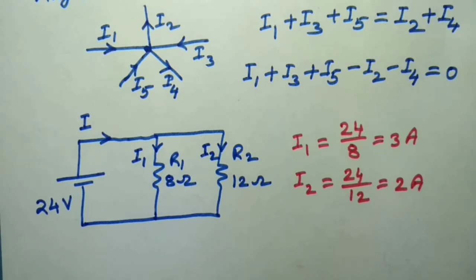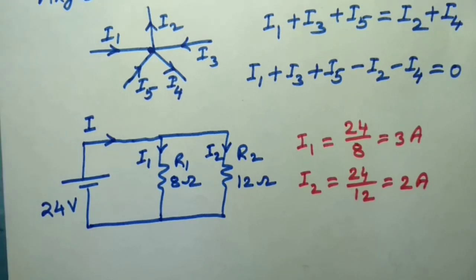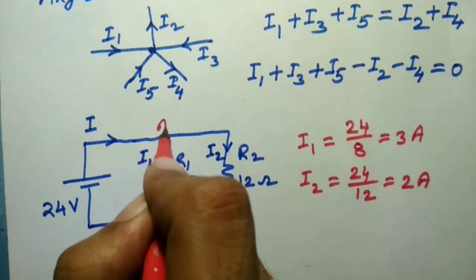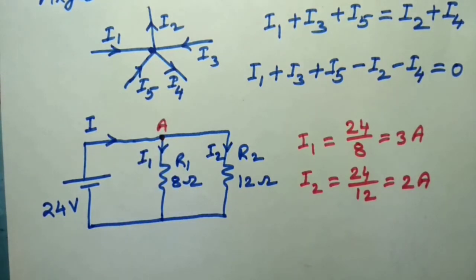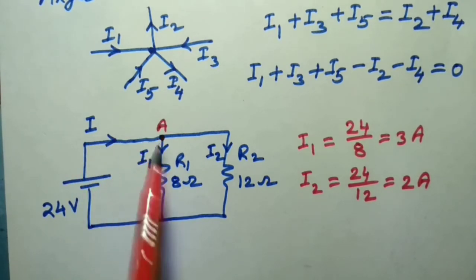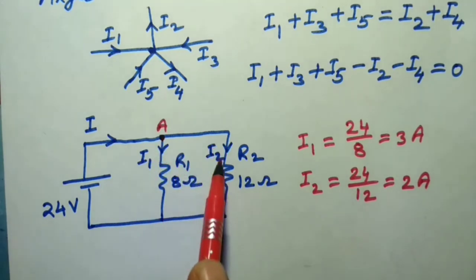Now, if I want to calculate the total current from the source, that is I, here we can apply the KCL. Let's say this junction is A. As per the definition of the KCL, I is the incoming current, I1 is the outgoing current, and I2 is also the outgoing current.